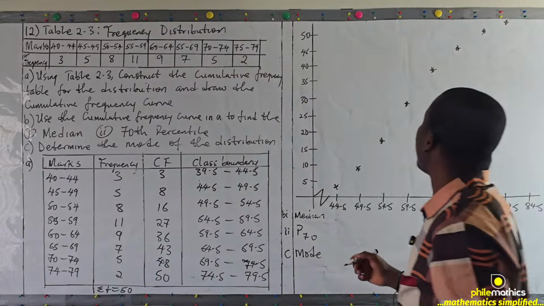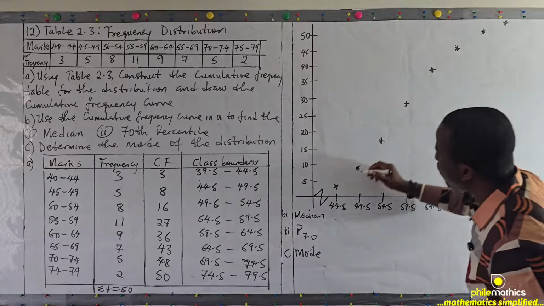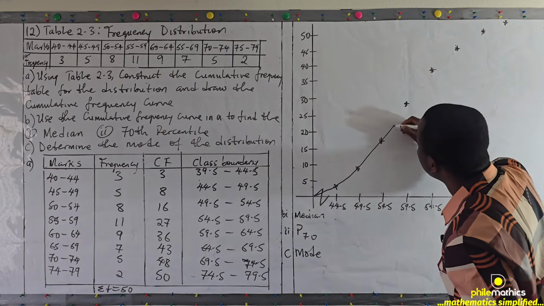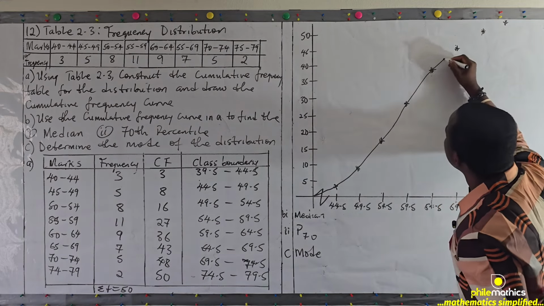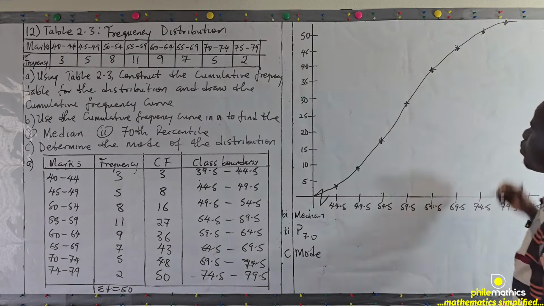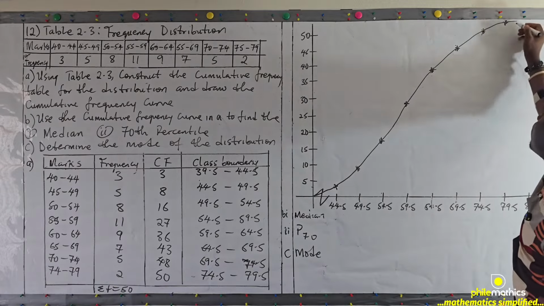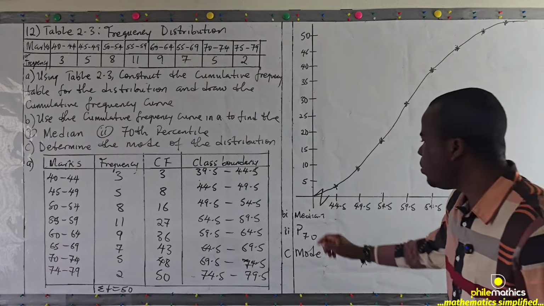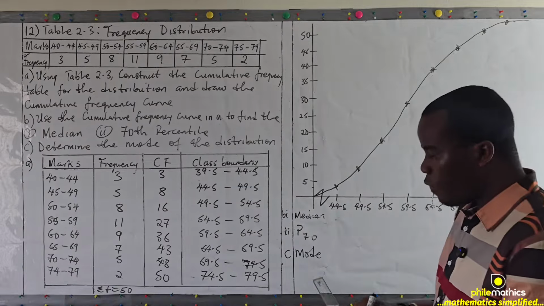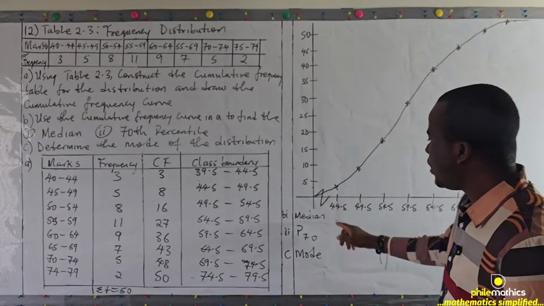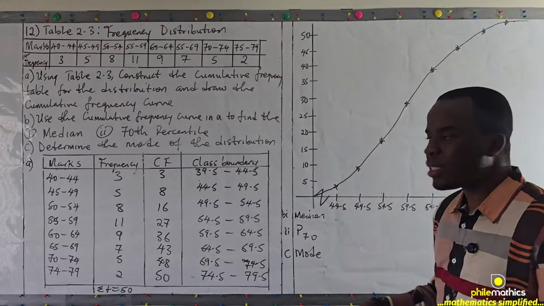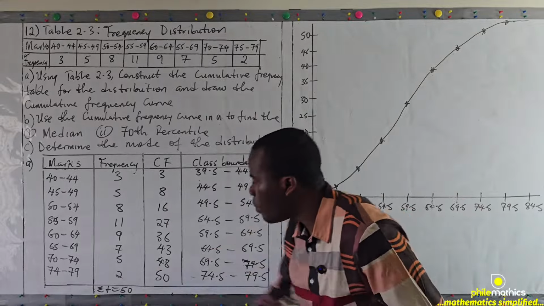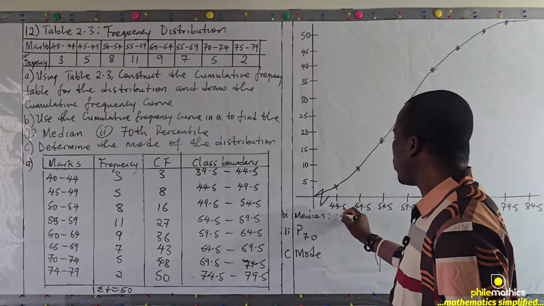And then we join the curve. So the curve goes like this from the origin and then it curves out. So this is the cumulative frequency distribution. We are asked to look for the median. To find the median, we first of all find the median class. The median class is to divide the whole frequency by 2.